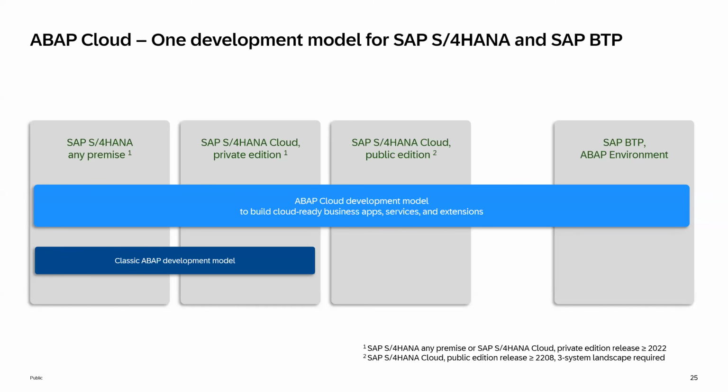It's available by default. For programming S/4HANA public cloud, you need a 3-tier landscape for development with ABAP Cloud, and you can also use it in S/4HANA on-premise and S/4HANA Cloud private edition in order to bring your system closer to clean core, to upgrade stability, and so on.